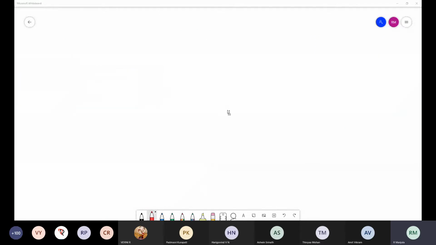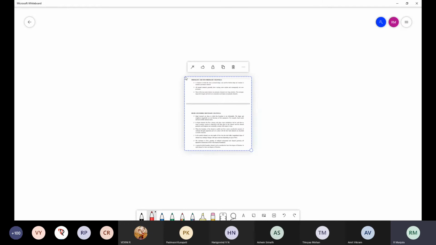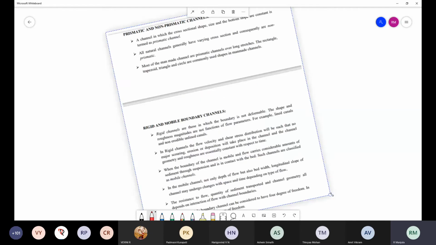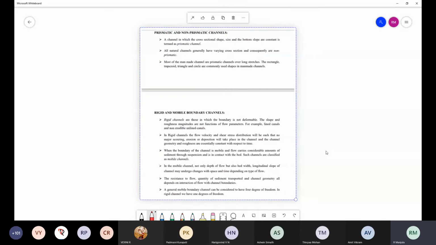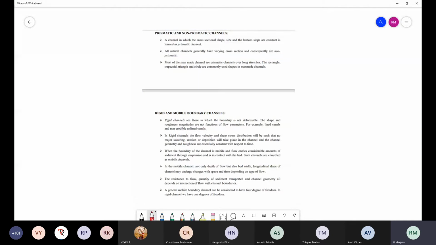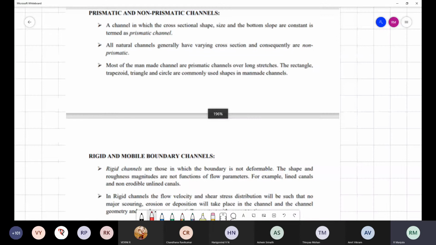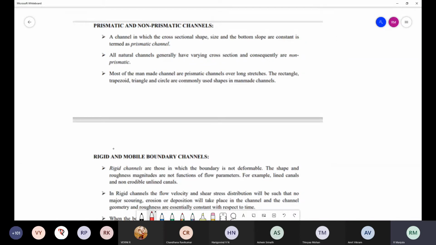Then what is a non-prismatic channel? Now, all the natural channels, which have varying cross sections, are non-prismatic, which means that natural channels are non-prismatic.